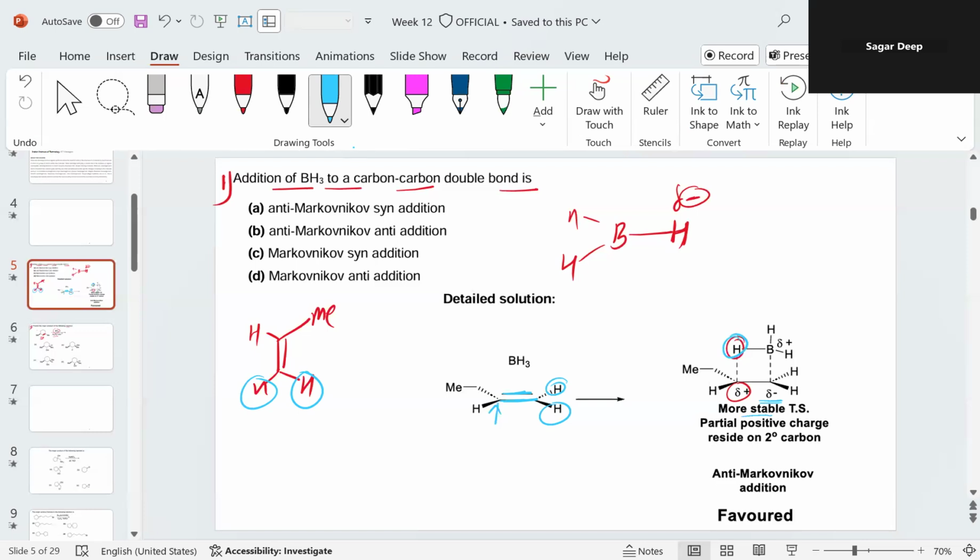The partial charge distribution across these two starting materials is as follows: the delta positive of the alkene lies on the most substituted carbon of the olefin, and the delta negative on the least substituted part. In BH3, the hydrogen will be delta negative and the boron atom will be delta positive. So anti-Markovnikov addition is the outcome in the case of the carbon-carbon double bond.